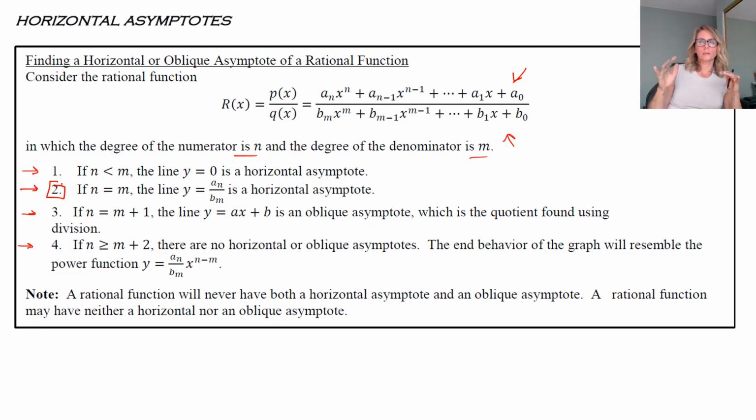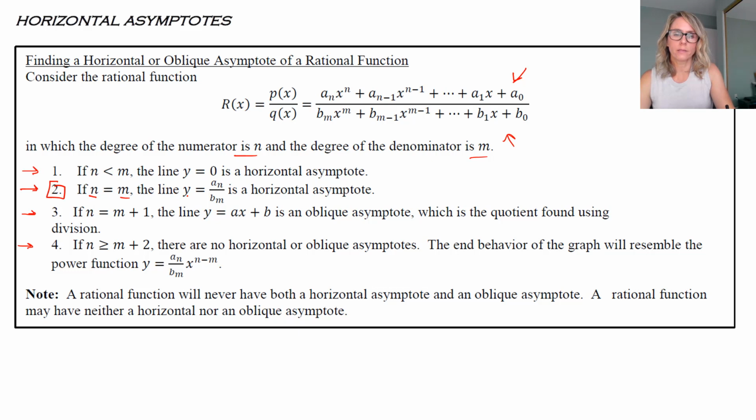The idea here is what is happening as x gets really, really big positively or really, really big negatively. We've talked about this in terms of polynomials, but in terms of rational functions, you have a fraction. By choosing numbers for x, you're going to find that as x gets really big, or large negatively, there are a few different things that can happen. So we have this situation where the degrees are the same.